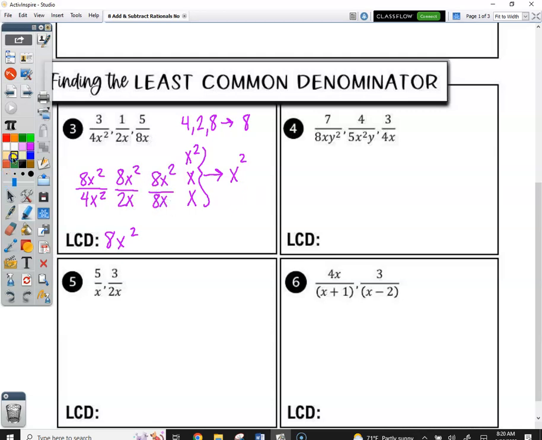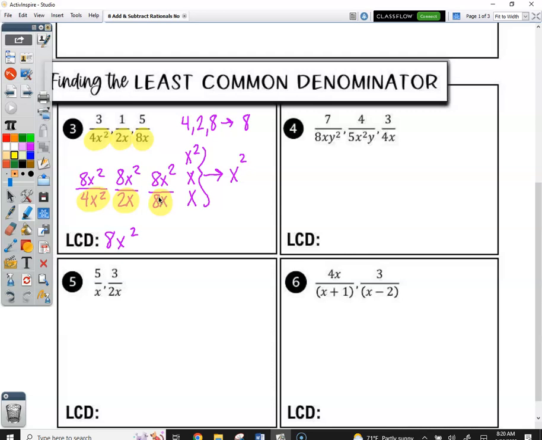So all I did here was put the denominator under each fraction, under my LCD. And I'm visualizing, would the denominator cancel completely? Like, would it divide completely into my numerator, my LCD? And the answer is yes here. Do you see that?